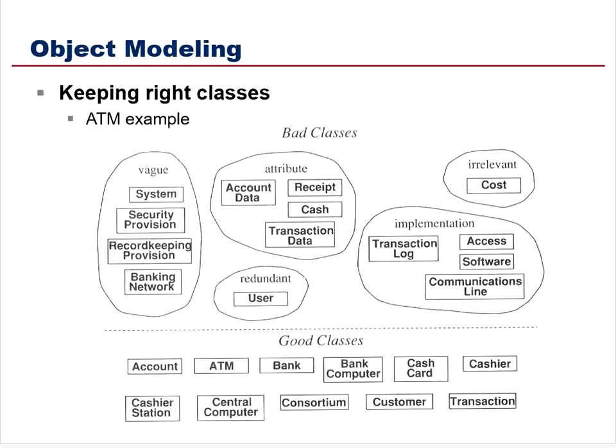From this we can identify here: system security is a vague class, some are attribute classes, this is the redundant class, this is the implementation class, and this is the irrelevant one, as cost is not related to the ATM, right? These are the classes we considered in our mind, but these are values, these are attributes, these are redundant, this is implementation, and this is irrelevant.